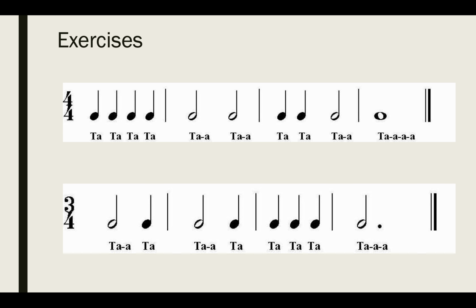So if we had to clap it, it would be 1, 2, 3, 4, 1, 2, 3, 4, 1, 2, 3, 4, 1, 2, 3, 4. So it's basically like that.